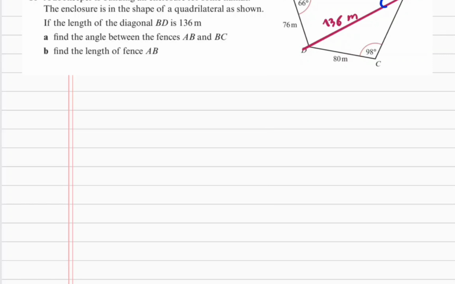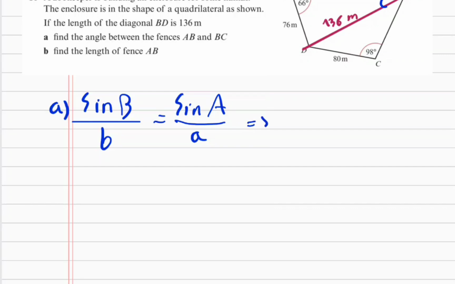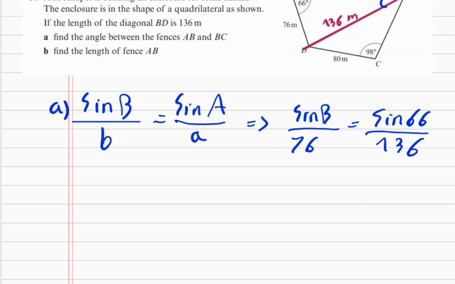The first thing is writing the equation: sine B over small b, where small b is the side length, is equal to sine A over A. Now we substitute. B is unknown, but the side length is 76, and then we have sine 66 over 136.